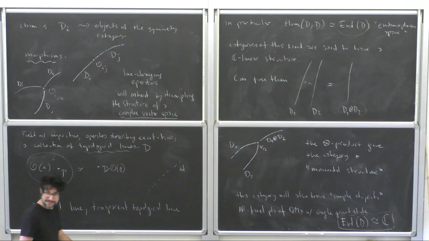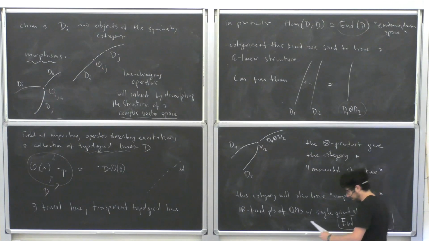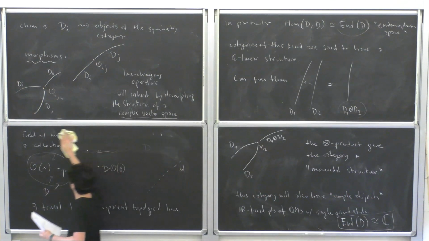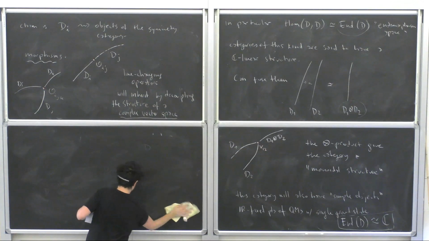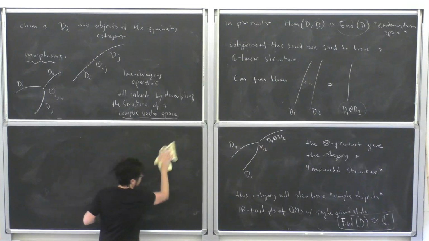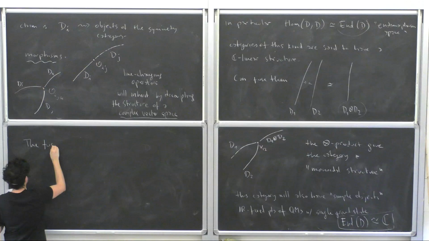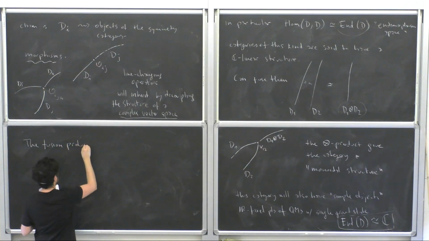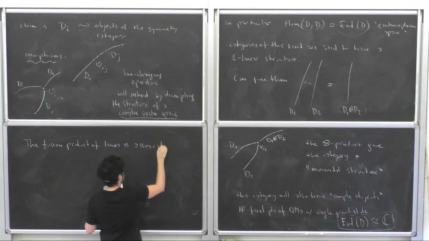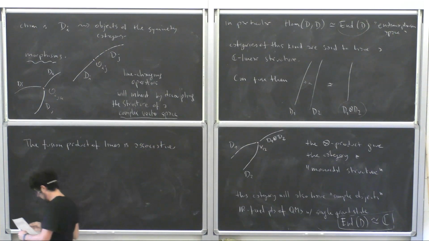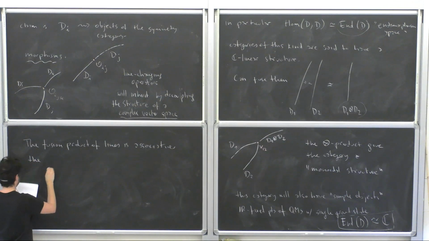Very good question. Yes, indeed. The fusion product of lines is associative, no? But the associativity of the product is captured by an interface.